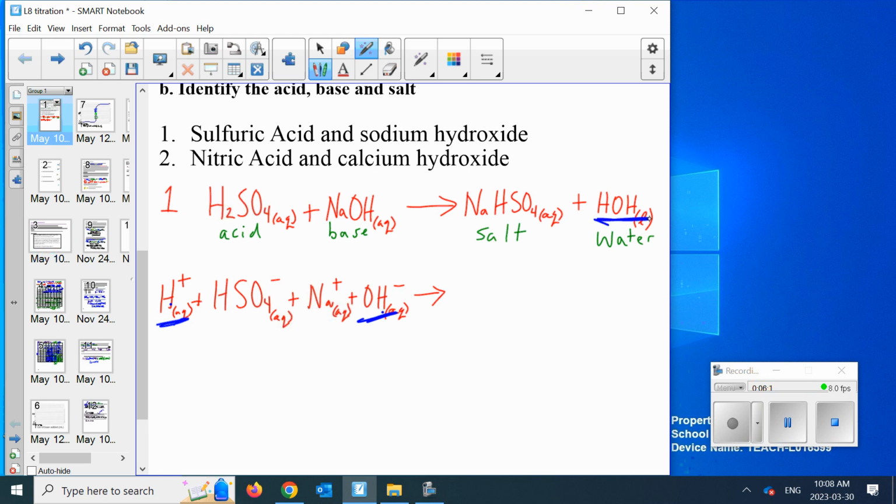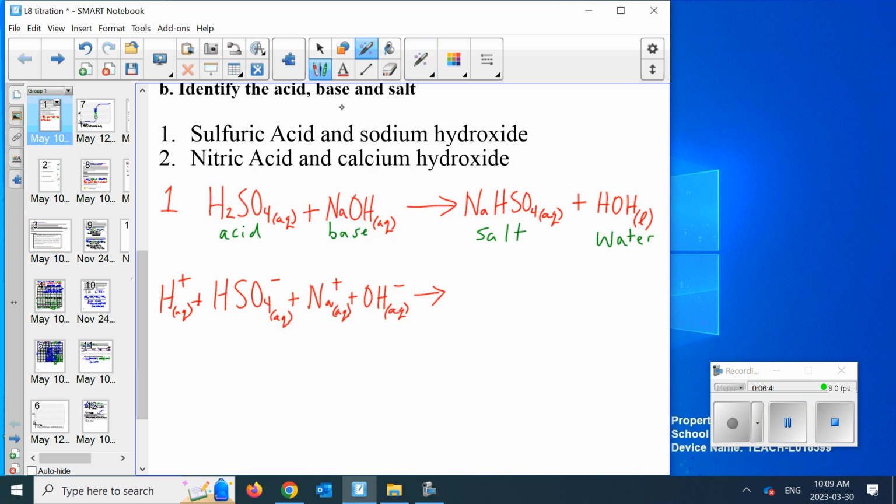This is why I like writing water as HOH instead of H2O. You clearly see the front H that you pick up from the acid, and the OH, the negative hydroxide. In this, the aqueous means the ionic compounds and acids separate into their ions; they dissociate. And this is still aqueous on this side, meaning that really it's floating ions. It's Na pluses and HSO4 minuses on the right-hand side.